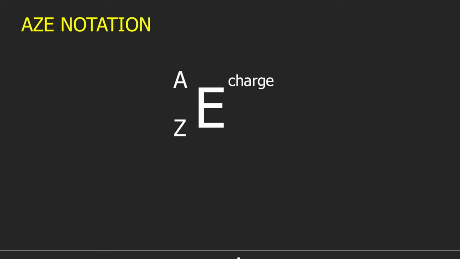First, we discuss what we call the AZE notation of writing isotopes. Why is it called AZE notation? It's pretty obvious. The notation has A, Z, and E. As we previously discussed in part 1, A stands for the mass number.